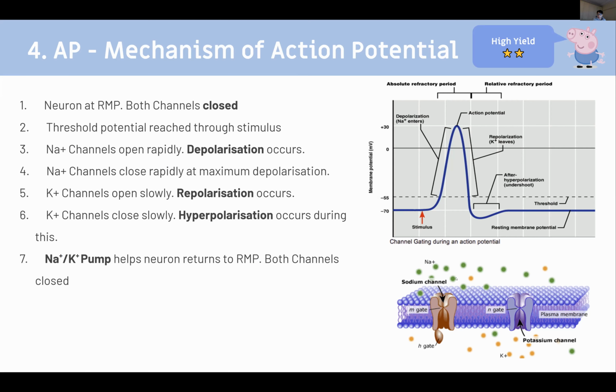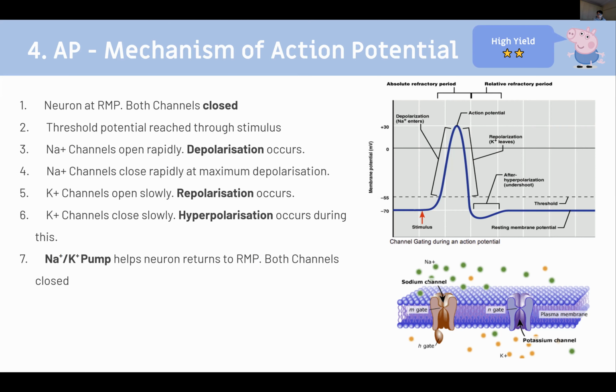So remember, we have a high extracellular sodium concentration and a high intracellular potassium concentration. So what is going to happen when these sodium channels open? Well, we're going to have a massive influx of sodium ions because we have a high concentration outside of the cell, and so it's going to want to diffuse down its concentration gradient.